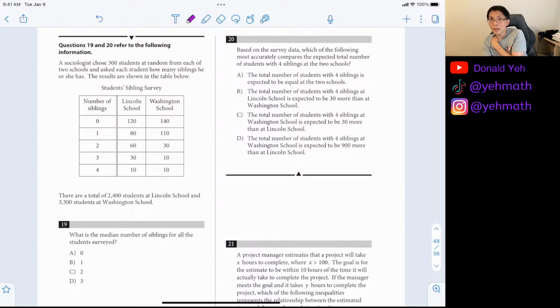Wait, I don't know which one's which. Armin, 19 is wrong, 20 is wrong. Safia, 20 is wrong. Maya, 20 is wrong. Asim, the first one is right, the second one is wrong.